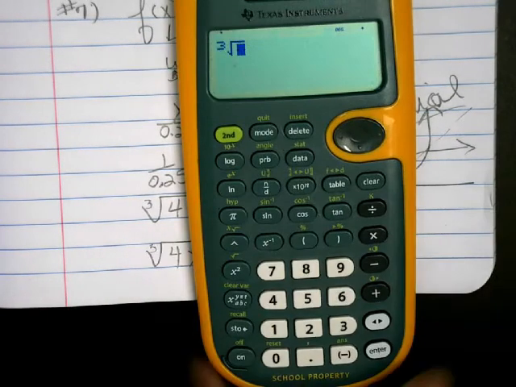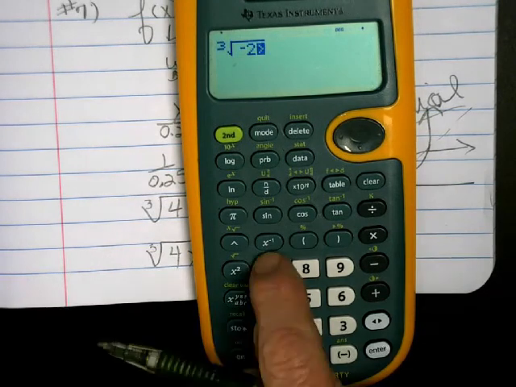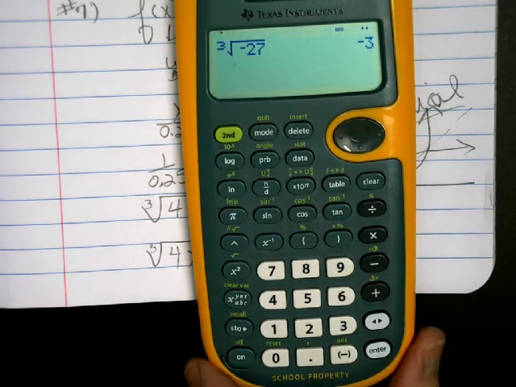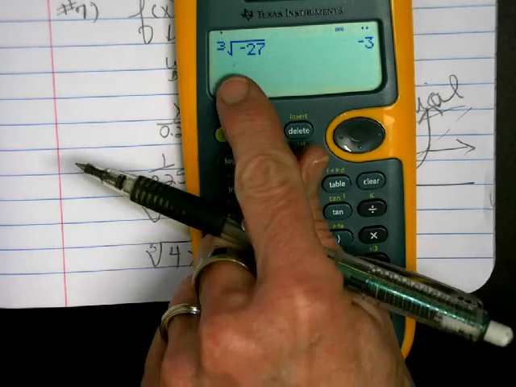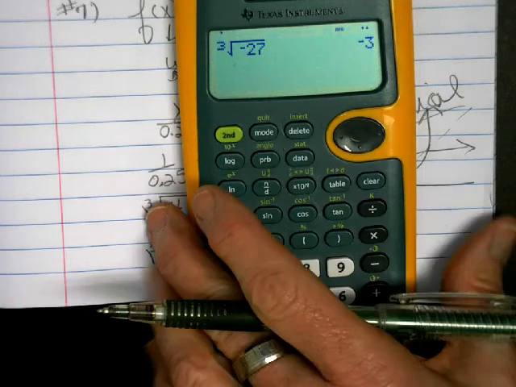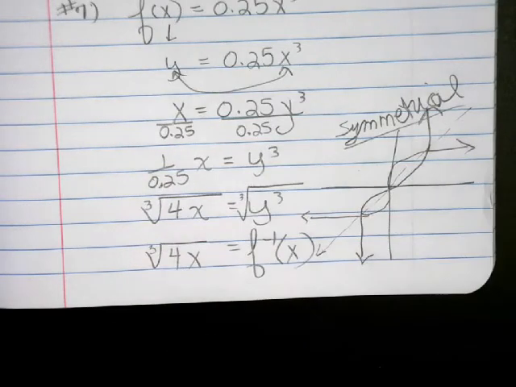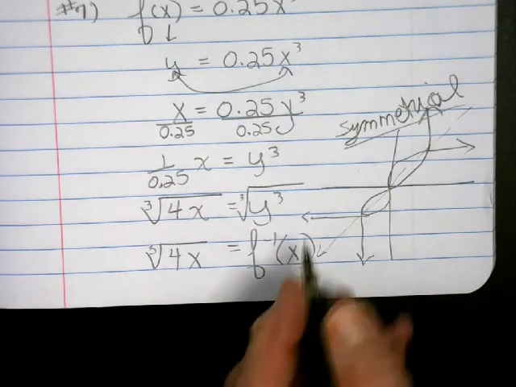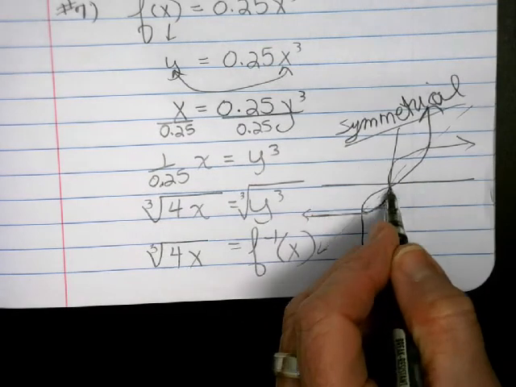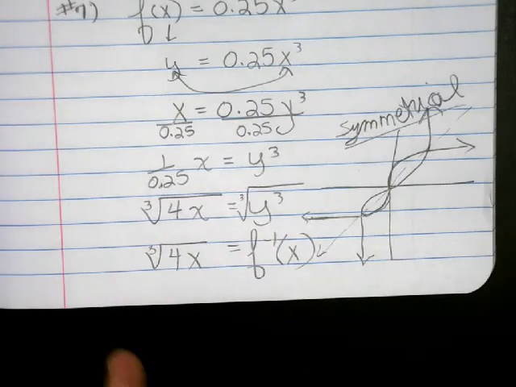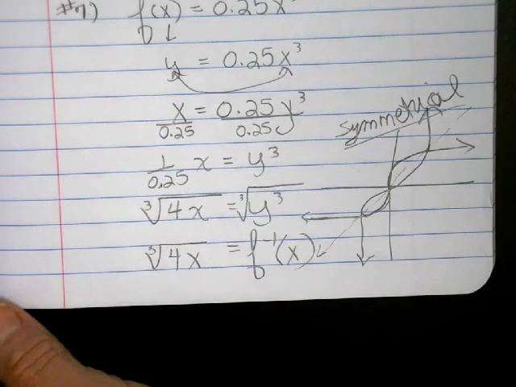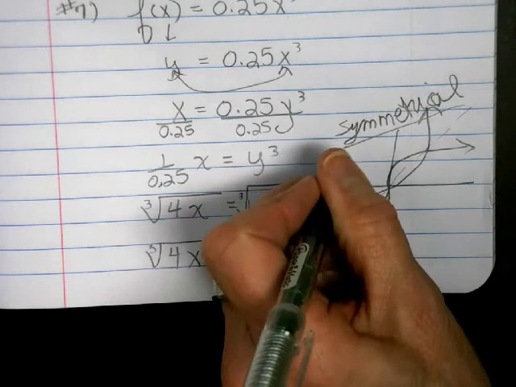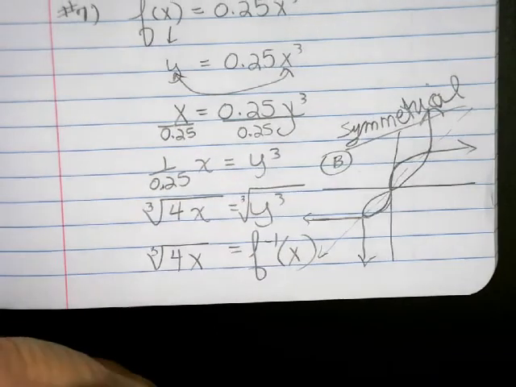But the beautiful thing about a cube root is that it is all x's allowed. If you take the cube root of a negative number, let's do negative 27, I have a value. If I took the square root of a negative number, it'd say domain error.